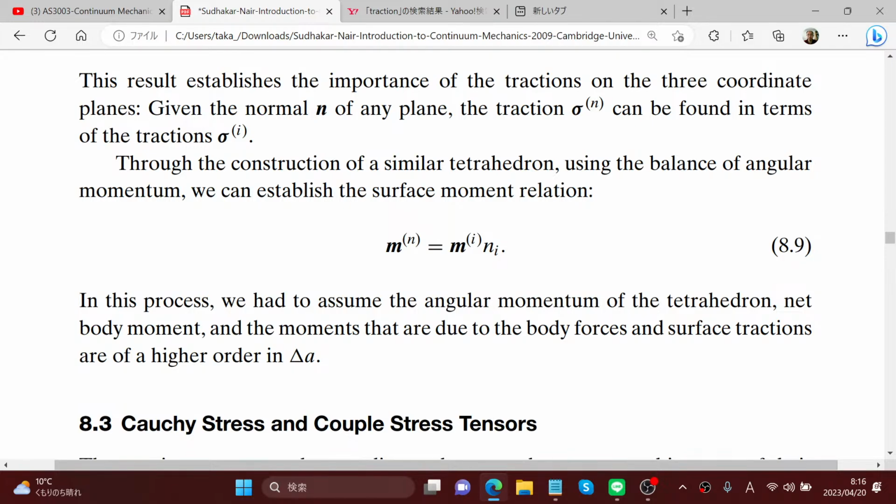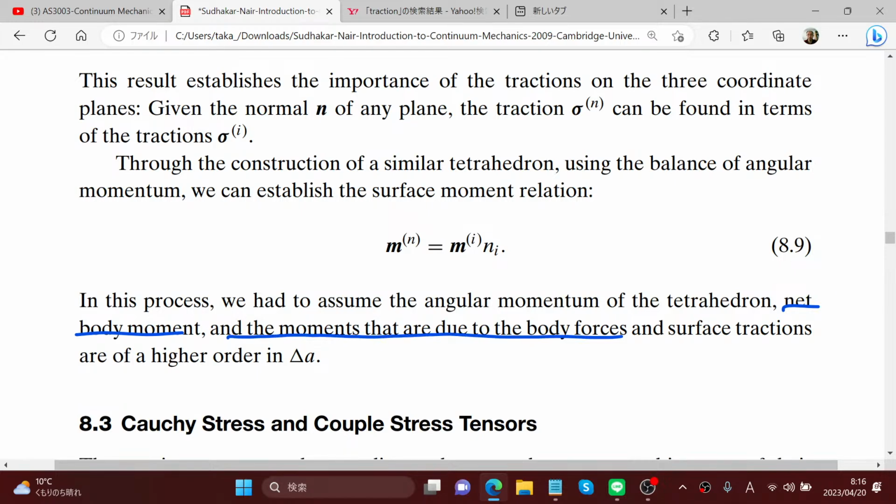Okay, net body moment, of course, this is higher order. And the moment due to body forces, this is higher order.